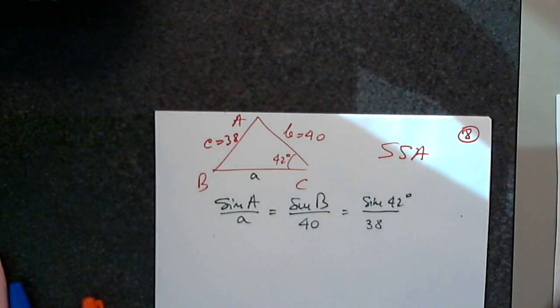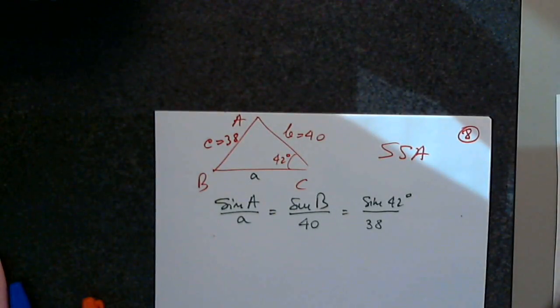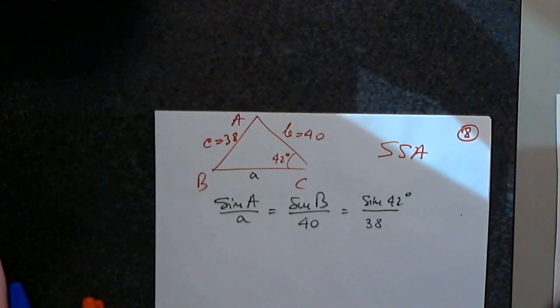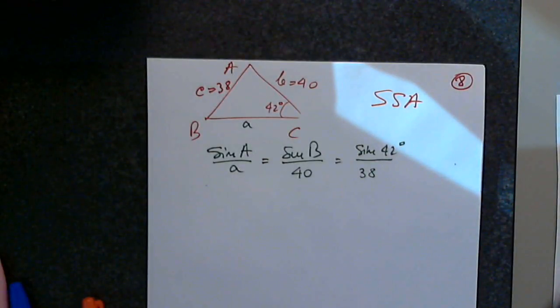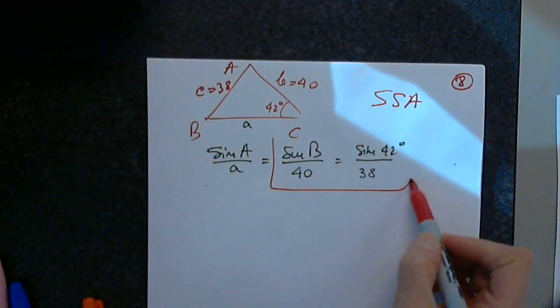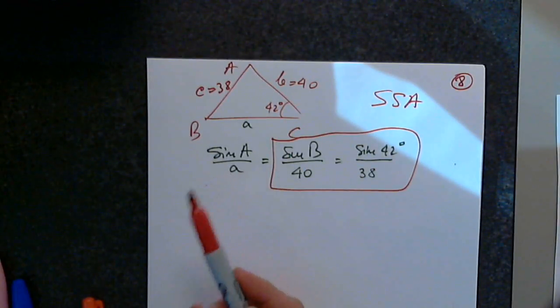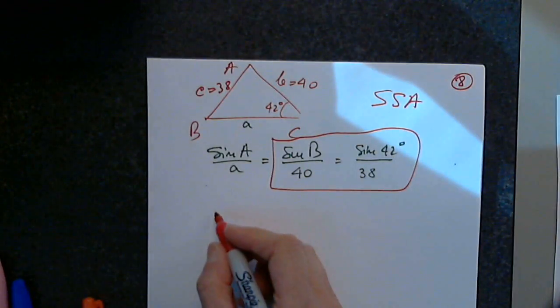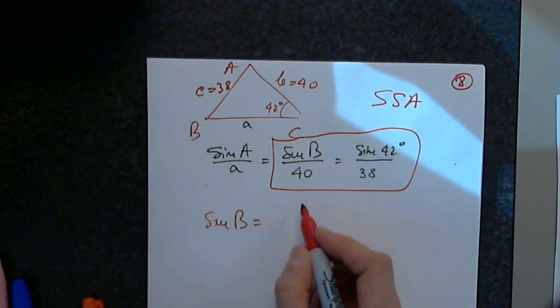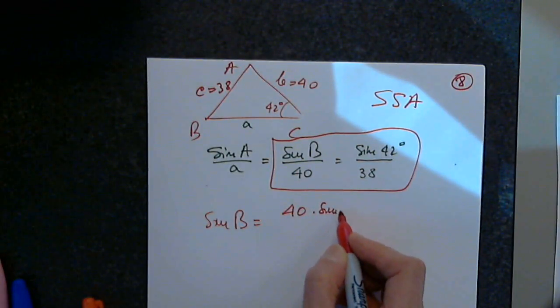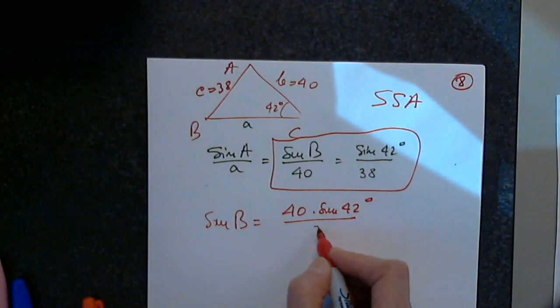And I know exactly where the starting point is now. By simply looking at these proportions, I know exactly where I have to be. The last 2. This is the only chance because here I have 2 variables. So then I have to find that sine B equals 40 multiplied by sine 42 degrees over 38.